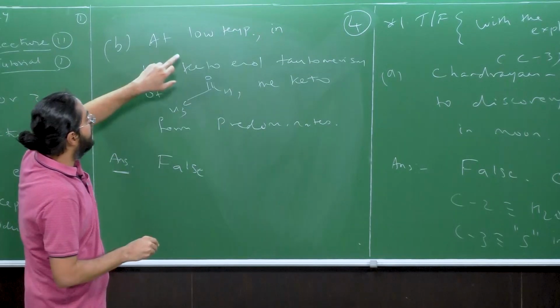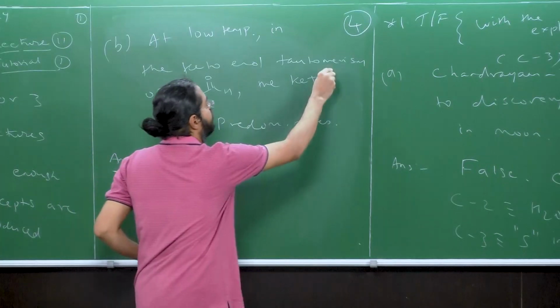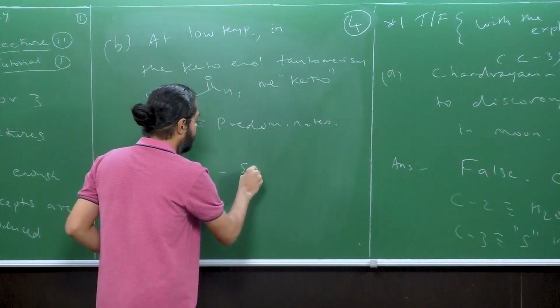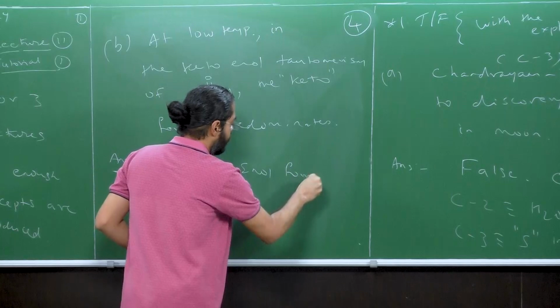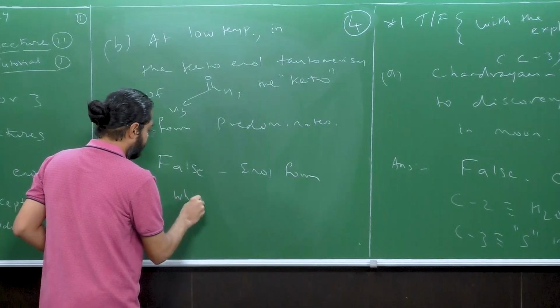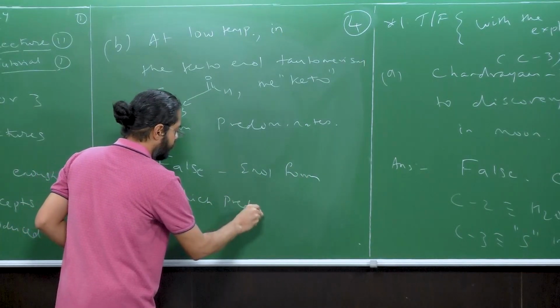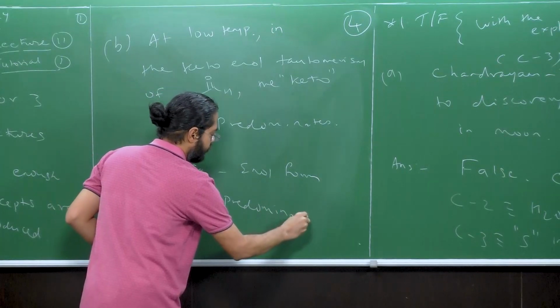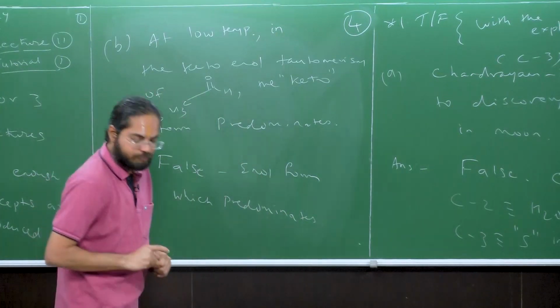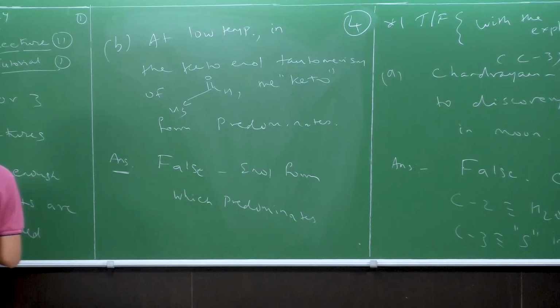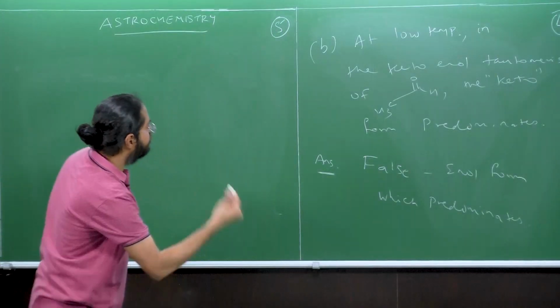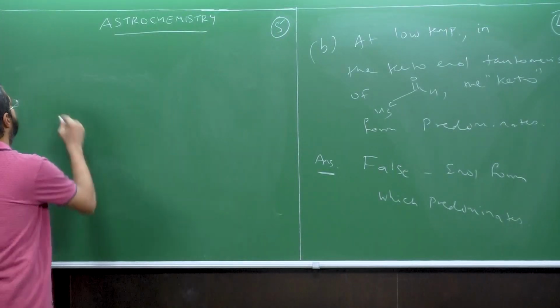It is false because it is not the keto form, but rather the enol form that predominates. Okay, let's just see why. I've already told you some reasons, but I shall further emphasize here. So in page 5, what is the keto-enol tautomerism that we are talking about?